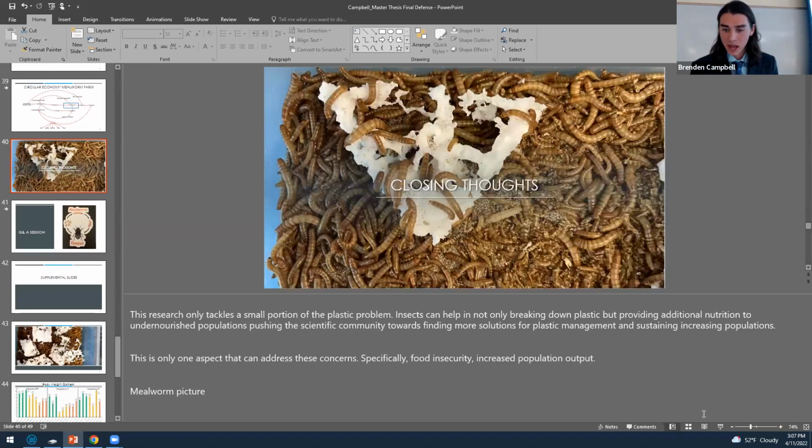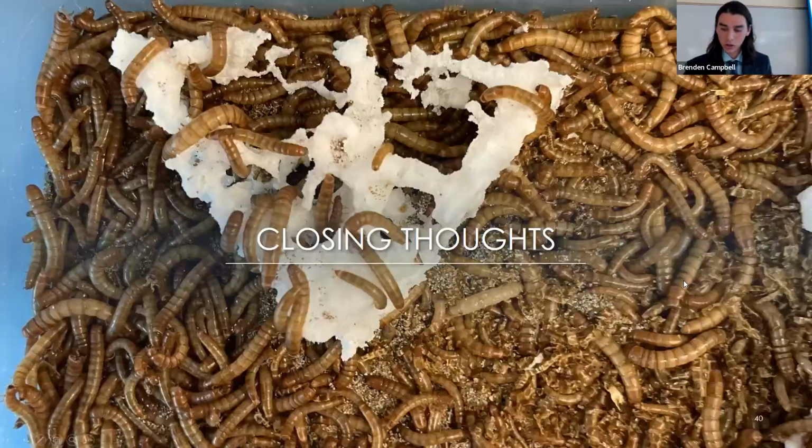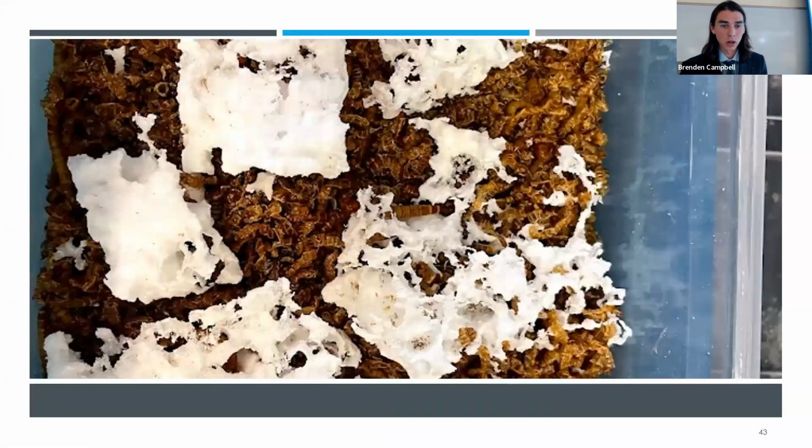So this is, this closing thoughts, hold on, this one right here. This is partially broken down styrofoam, and chicken feed is buried under all of these exoskeletons right now, but this is a kind of visualization of what it would look like in the bin, and I can draw with my hands that a bin is about this big. I just mean, if this much styrofoam is this much chicken feed for weight to volume?